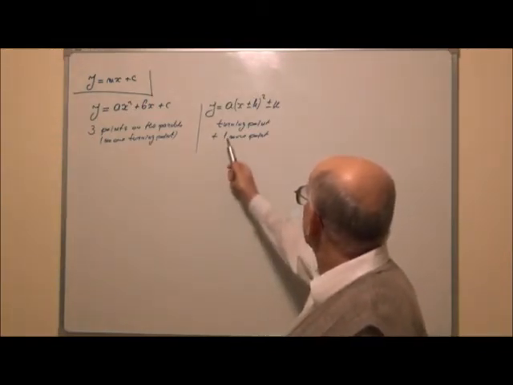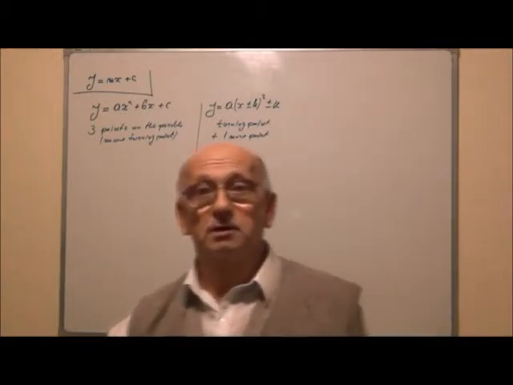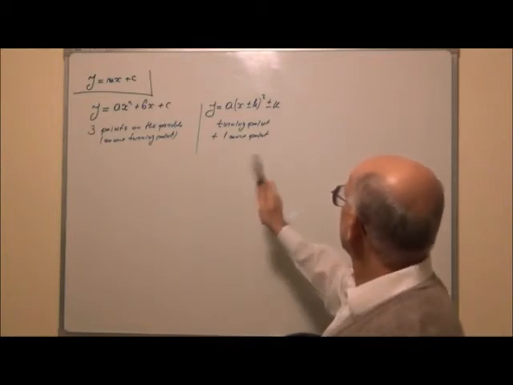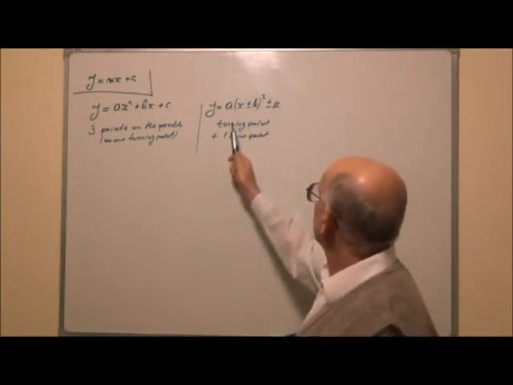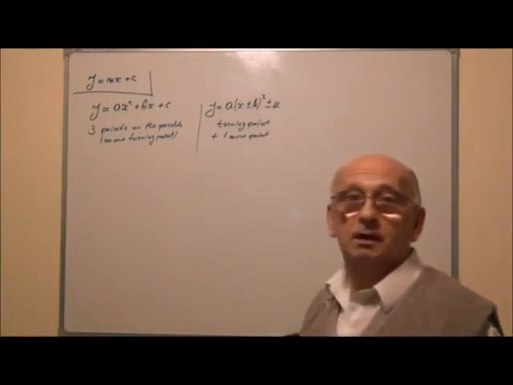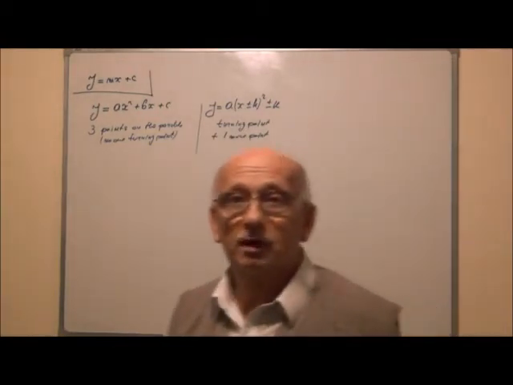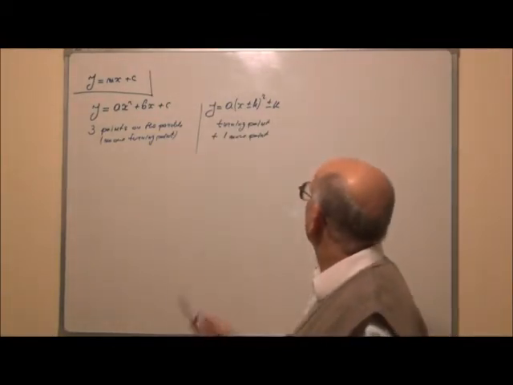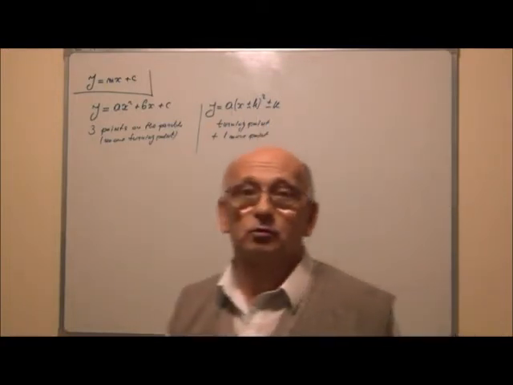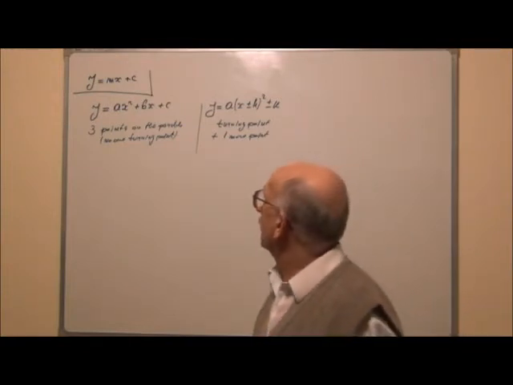Then substituting the x and y coordinates from the other point that is not the turning point in the equation after substitution of the turning point, we will get one equation for a. Solving that equation, we will find the value of a, and then we can come back again to the turning point form to write the final equation.